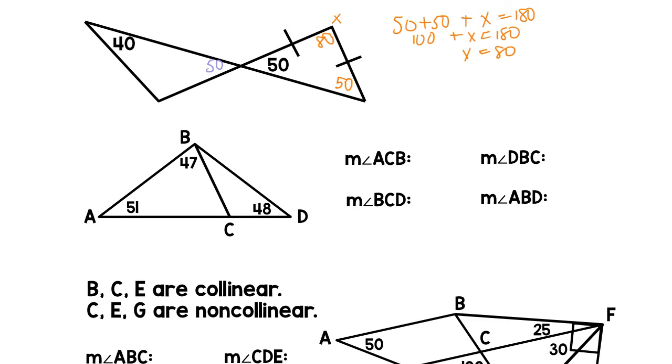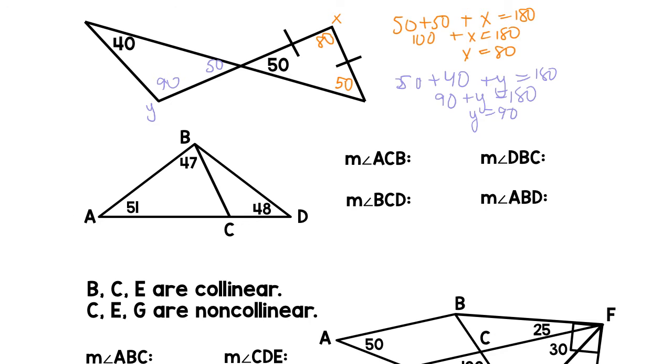And the triangle on the left, we'll call that angle Y. 50 plus 40 plus the measure of angle Y is 180. So that's 90 plus Y is 180, or Y is 90.